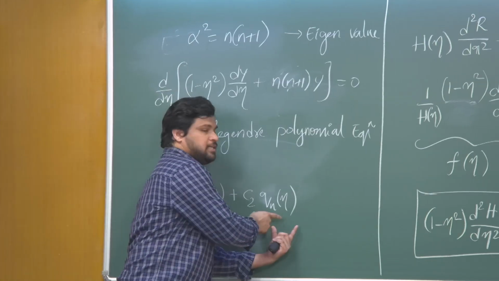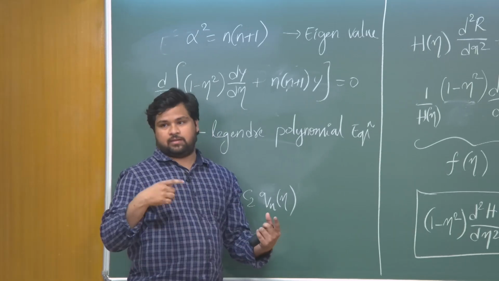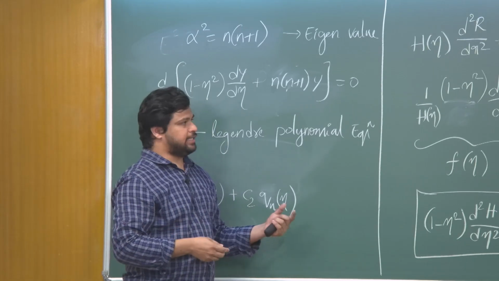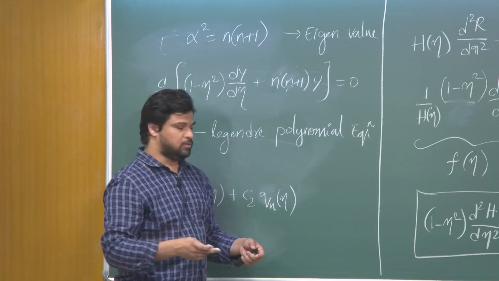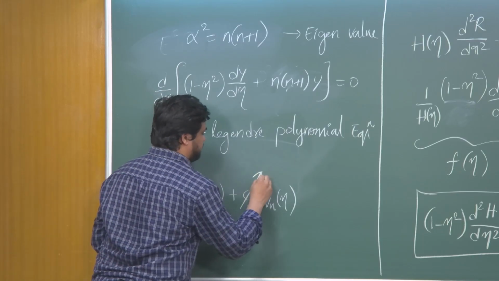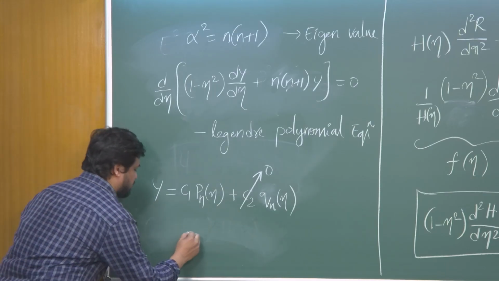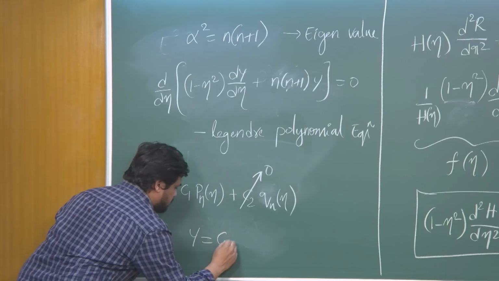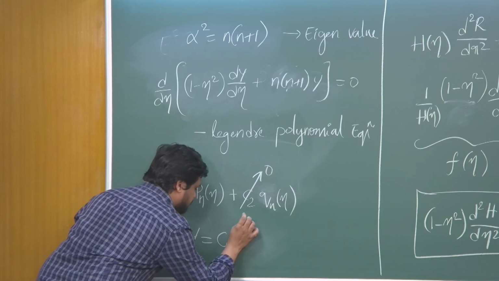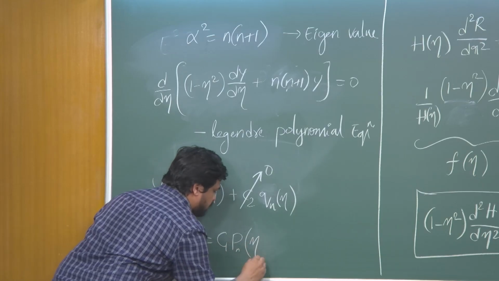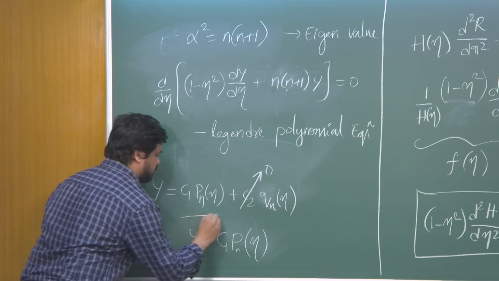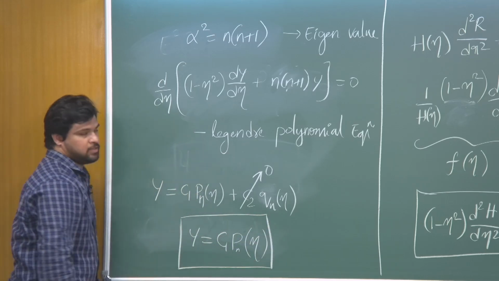However, this Legendre polynomial of second kind has a singularity at eta equal to -1 and +1. So, for that reason we are taking this C2 equal to 0. My final solution will be y equal to C1 into Pn of eta. So this is my final solution for y.